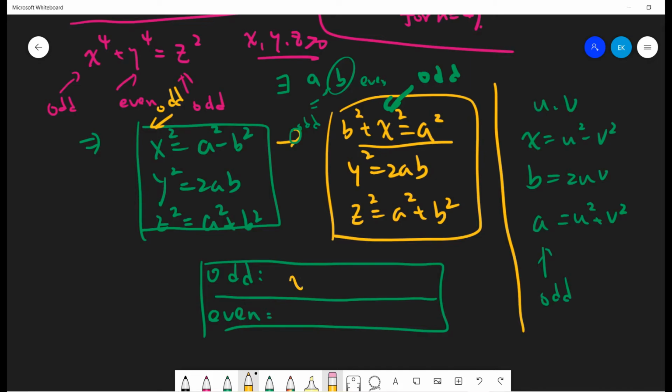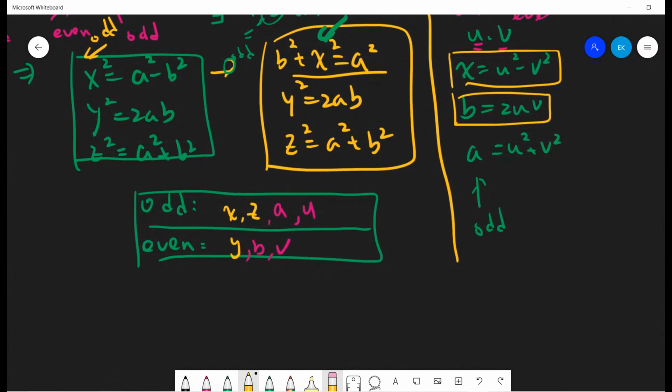And from here I said a is odd, b is even. And from here, u is odd, v is even. This is a table that might help, it might not, but it's not important. Now we get here and here.